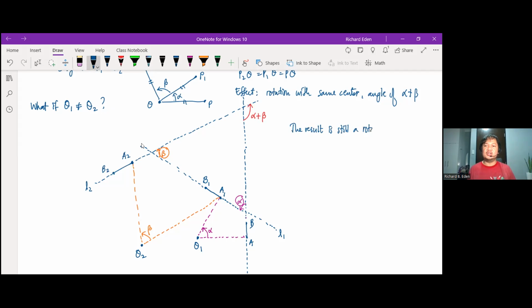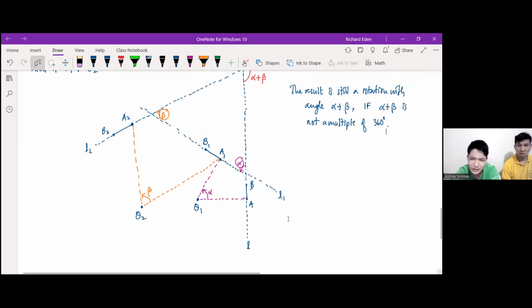a rotation with angle alpha plus beta. Okay, so the result is still going to be a rotation with angle alpha plus beta if alpha plus beta is not a multiple of 360 degrees.